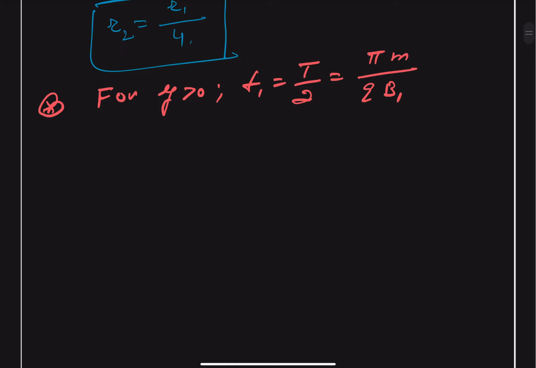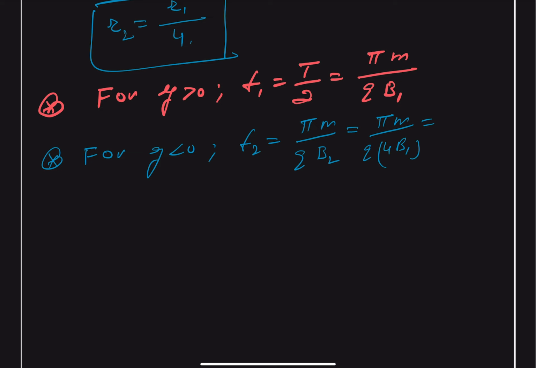And we can write for y less than 0, that is our t2, and that can be written as pi m by q b2.